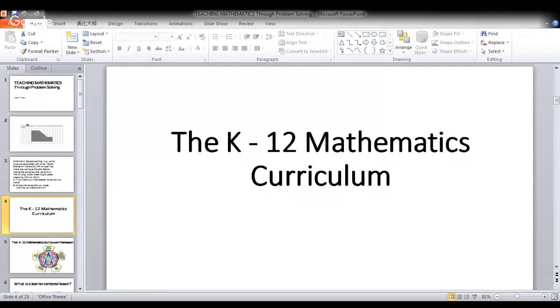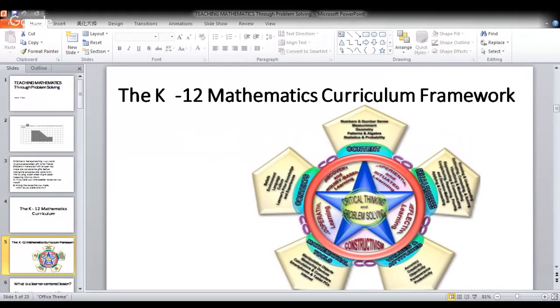Okay, so why do I start with that? Because the K to 12 curriculum that we are implementing now is very fitting on developing students to be thinkers, to be critical thinkers. This K to 12 curriculum aims to develop these key skills, that's critical thinking and problem solving.